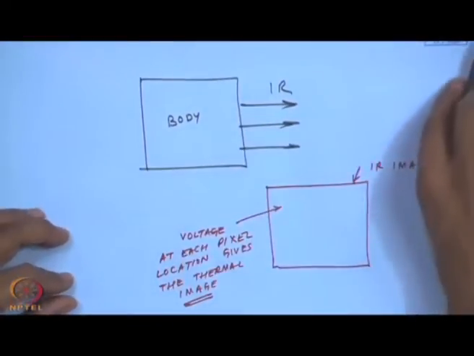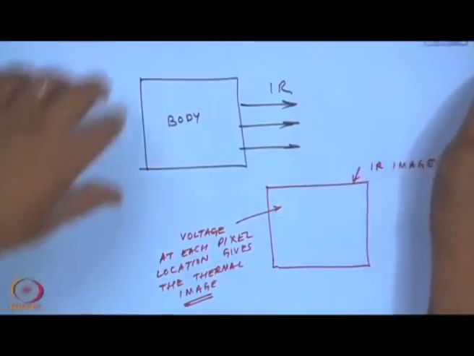So, depending on the body, I will be showing you examples wherein this thermography is useful in condition monitoring for quick measurements of the surface temperature of large bodies. These are very handy. Imagine many times to measure temperature, we normally use thermocouples, RTDs, thermistors, thermometers even for that matter.